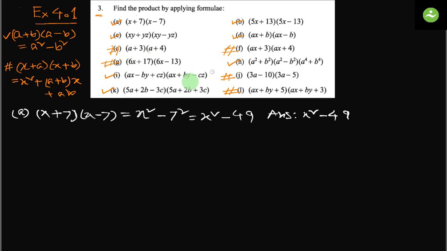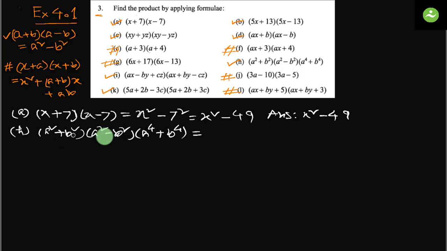I will do H. H looks a bit different because there are 3 parts: A square plus B square, A square minus B square, and then A4 plus B4. Okay, H. A square plus B square into A square minus B square into A to the power 4 plus B to the power 4 equals, we do first these two multiplication, A square plus B square into A square minus B square.